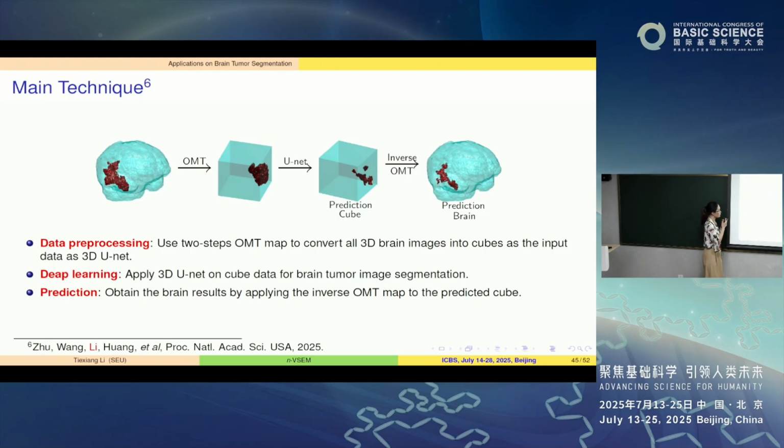For a 3D irregular brain, suppose there is a tumor inside. Suppose we roughly know, though maybe not exactly, where the tumor is. Then we can define a density function on this image.